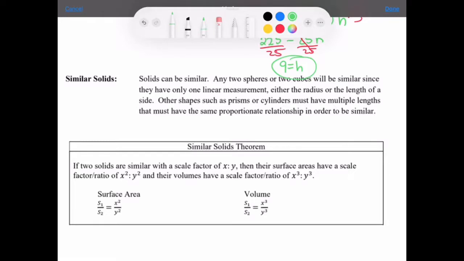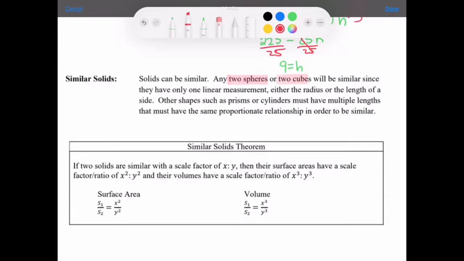Other shapes such as prisms and cylinders must have multiple lengths with the same proportions in order to be similar. So what this is saying is, if we're talking about two spheres or two cubes, remember, when we're calculating dimensions of a sphere, all we have to know is the radius.